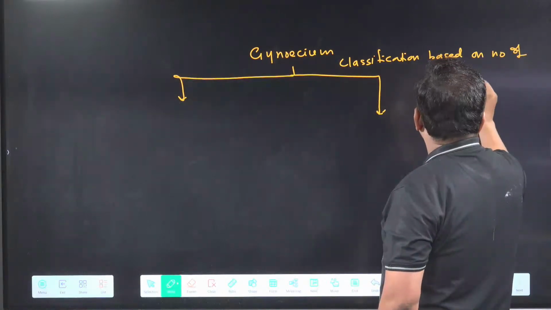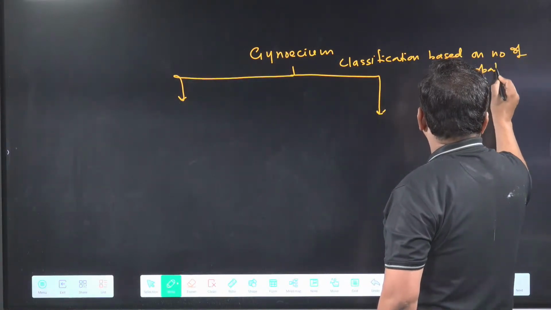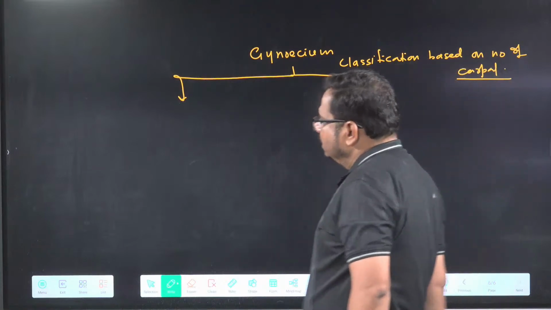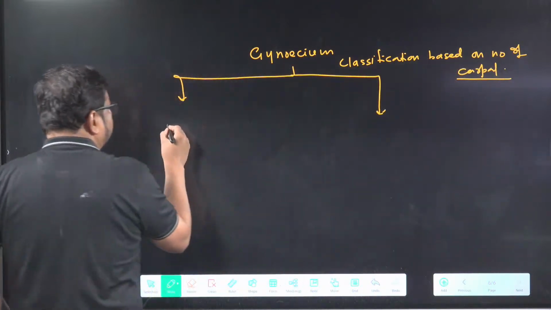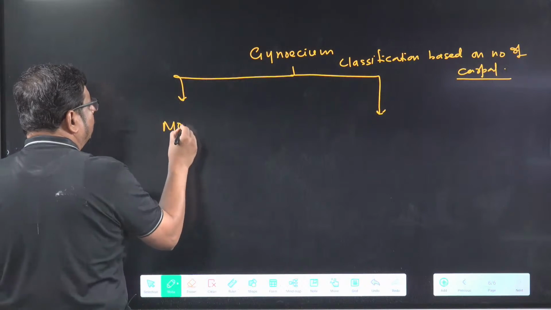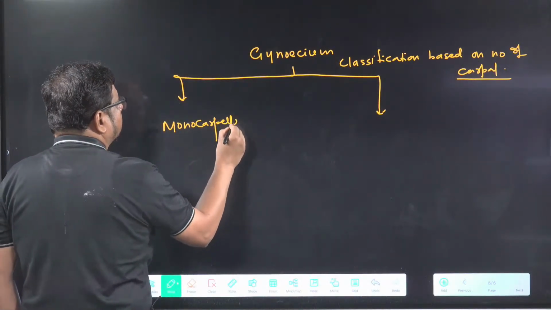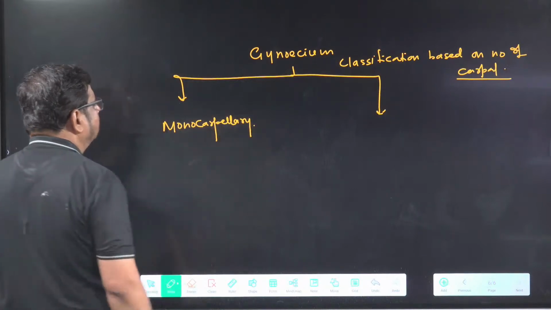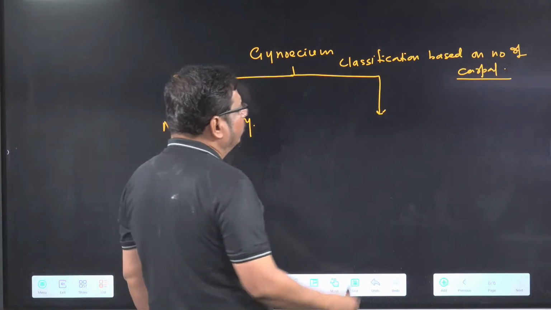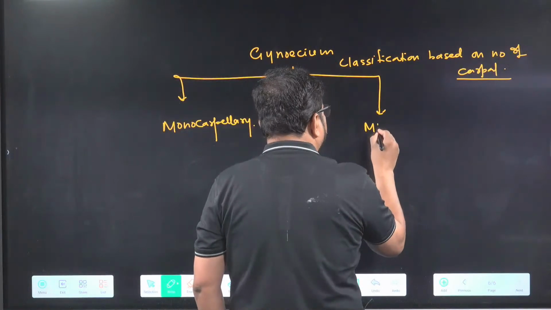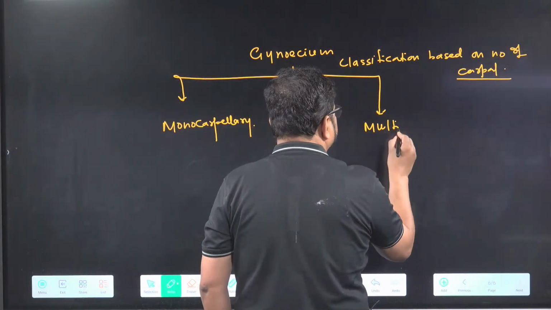Number of carpel. If in a gynoecium one carpel is there, it is called what basically? Monocarpellary. And if more than one is there, it is multicarpellary.